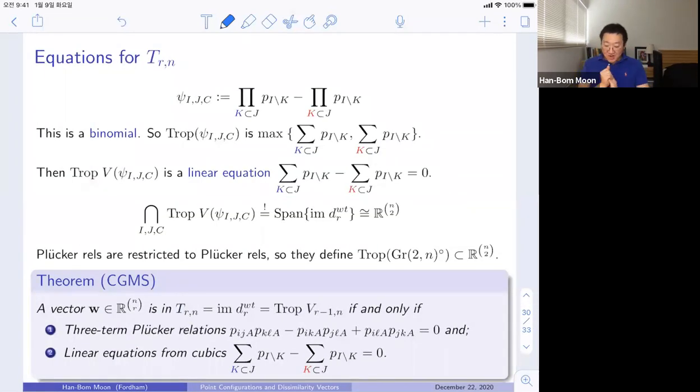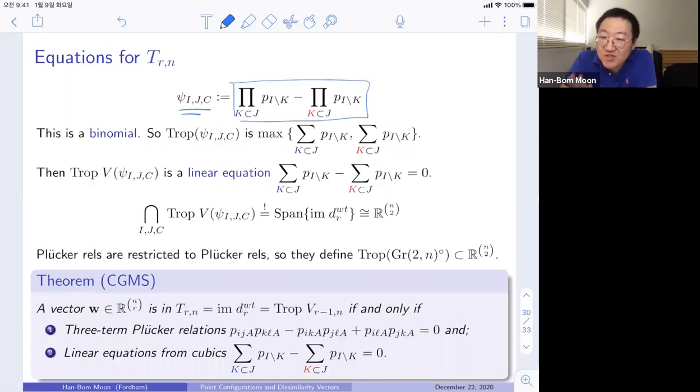So we are almost done. We know that we can cook up many defining equations of this form. One important thing is this is a binomial, a sum of two monomials. So if we take the tropicalization of this equation, this is really simple: it is the maximum of these two sums.